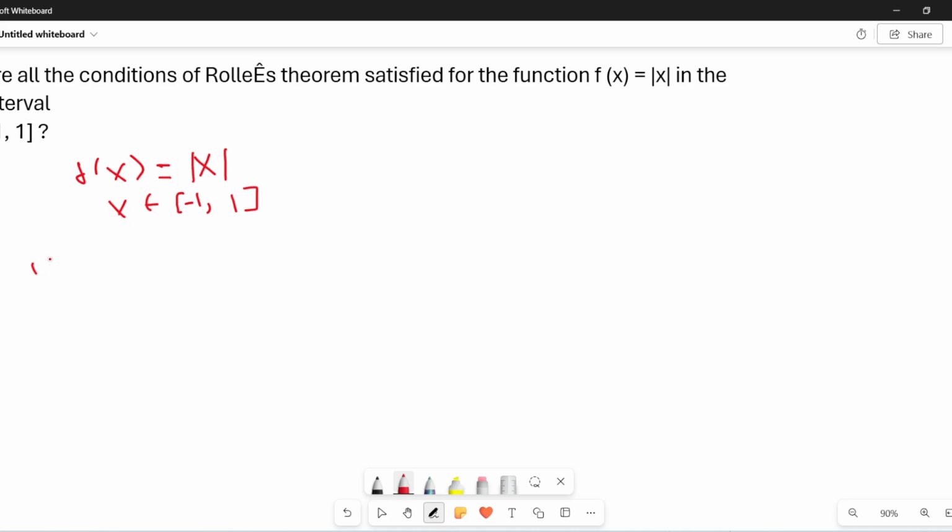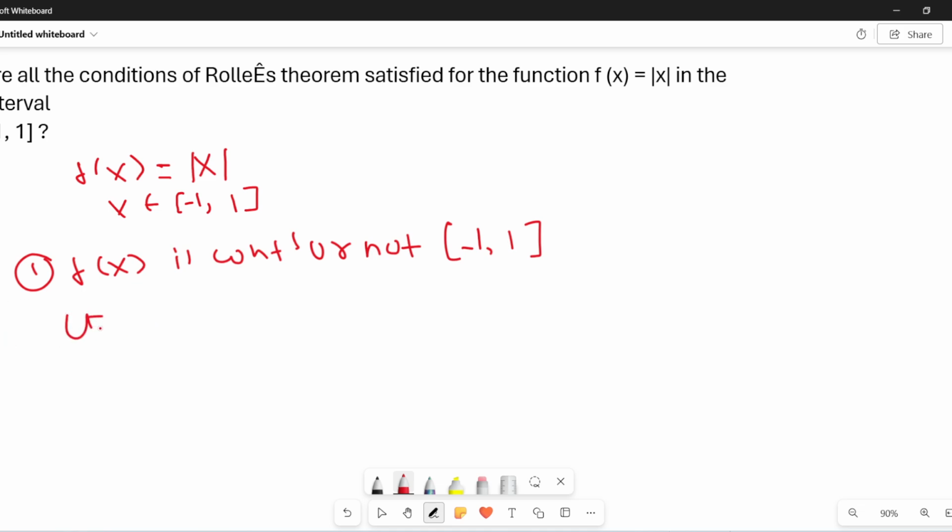First we check continuity. Is f(x) continuous from -1 to 1? We check continuity at point 0.